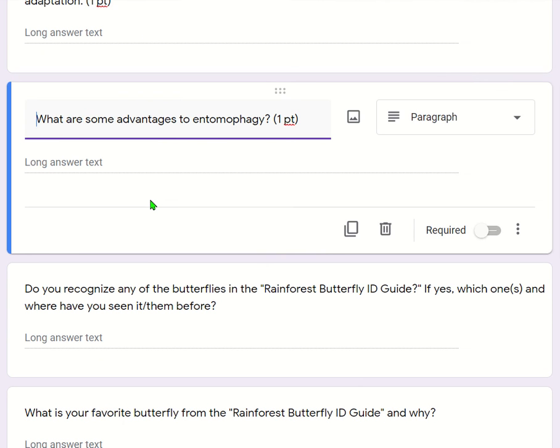This next one, what are some advantages to entomophagy? And if you remember from lecture, entomophagy is the consumption of insects by humans for food. And some of the advantages are that the protein that you can get from these insects is easier to produce.